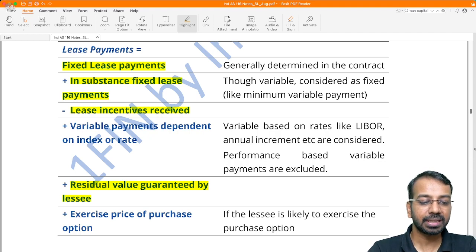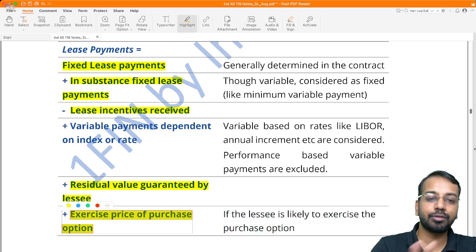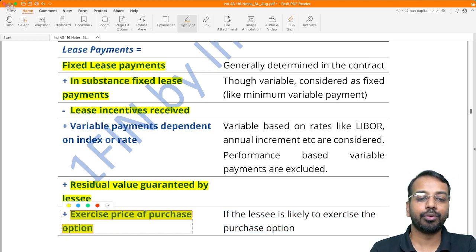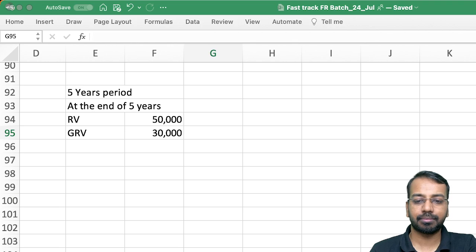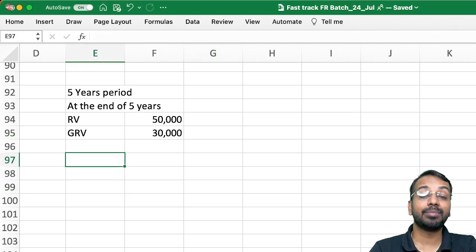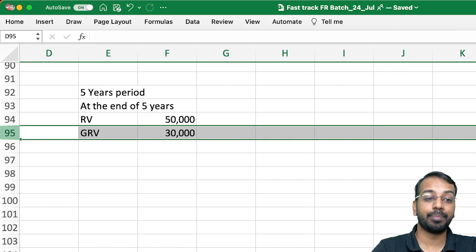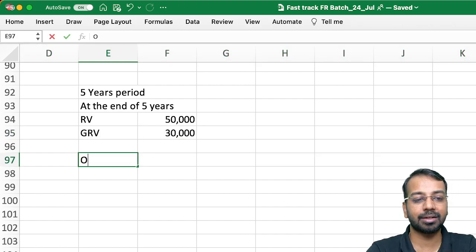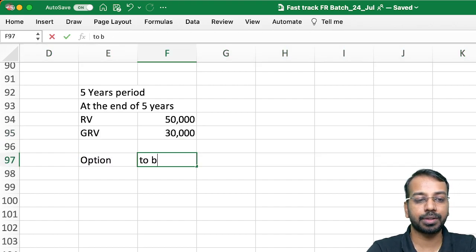Then exercise price of purchase option, if the lessee is likely to exercise the purchase option. Now the meaning of this is, sometimes when you have taken an asset on lease, the contract would say that at the end of the period, at some amount the asset can be purchased by the lessee. Here in the second case the lessee has an option, an option to purchase.